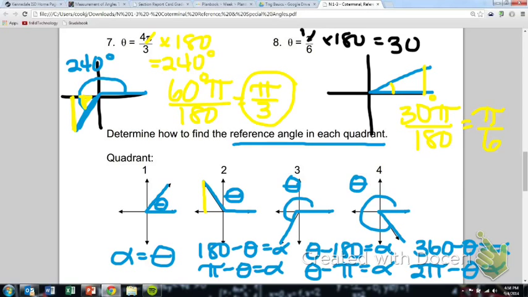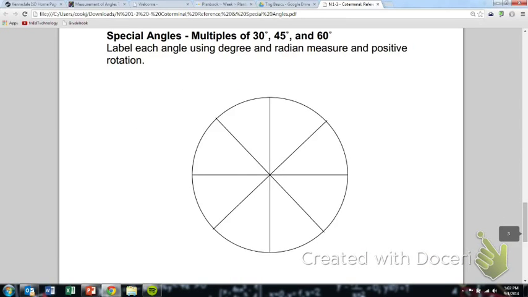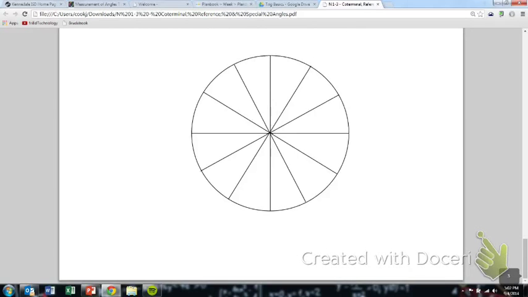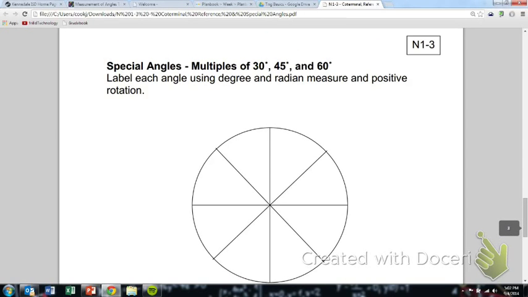So the last thing that you're doing in here is just labeling some of the special angles on the unit circle, which we'll talk about more. So I'm going to start with the 45s. It says label each angle using degree and radian measure and positive rotation. So this is 0 degrees or 0 radians.